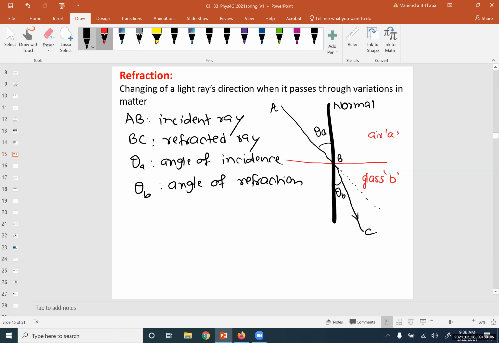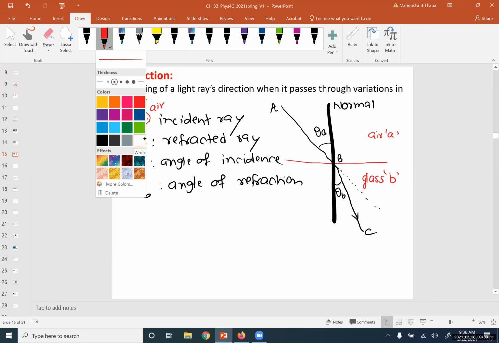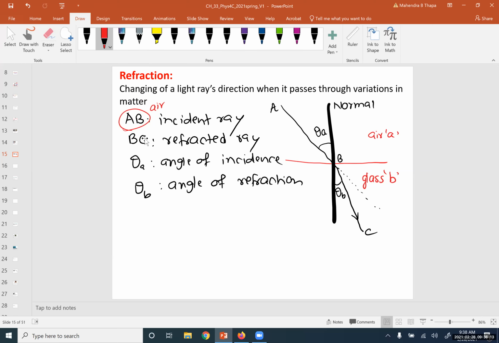So clearly from this picture, you see that the incident ray is in air, and this refracted ray BC is not in air, it is in a different medium. In this example, I took glass as the medium.